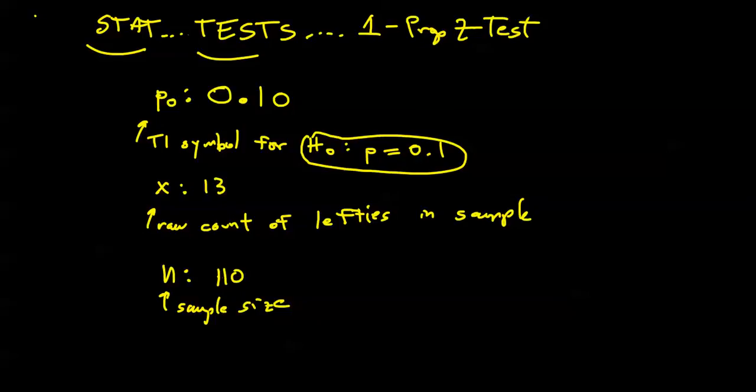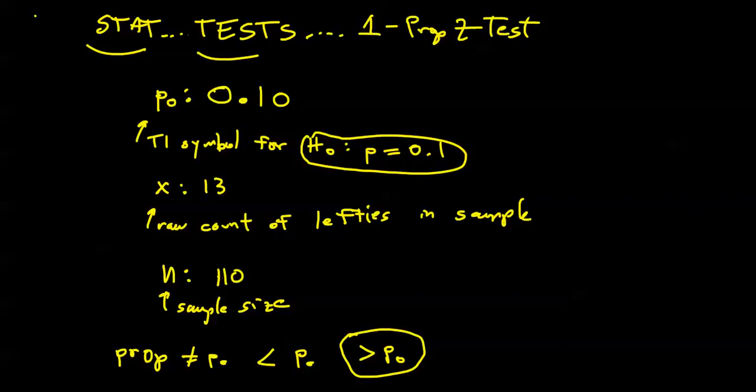Now the next thing the calculator prompts us for is the type of test. And again, TI uses their own shorthand for this. We've got three options: either a left-tailed, right-tailed, or two-tailed test. Alright, this is a right-tailed test. We are interested in if our sample data reveals a sample proportion greater than our null claim.